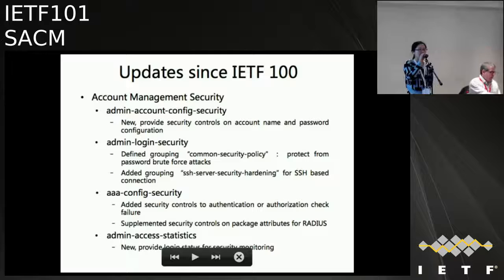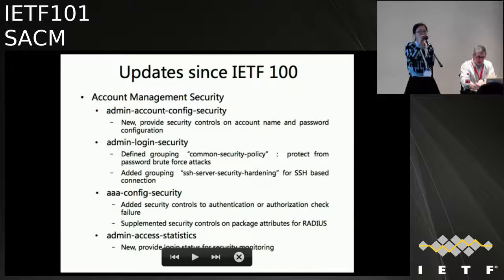So for account management security, the configuration security subtree was added to provide security controls on account names and password configuration. This is what has already been widely implemented in the commonly used network devices. And for the login security, two new groupings were added, and the grouping common security policy is defined for the protection from password brute force attacks, and another grouping, SSH server security hardening, is to harden the SSH based connections.